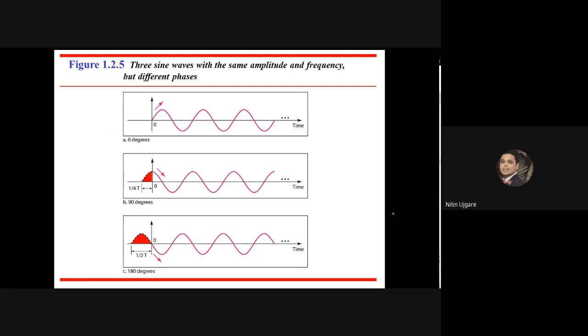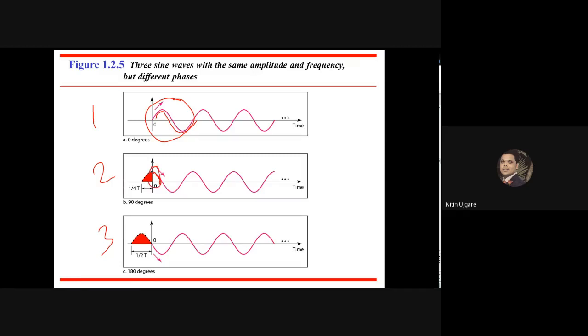Okay, so this first signal, I'll just mark it 1, 2, and 3. The first signal, represented in this figure, has a phase shift of 360 degrees because one cycle is completed. Then this second signal has a phase shift of 90 degrees because you can see that the signal starts here and it completes only 1/4 cycle here.